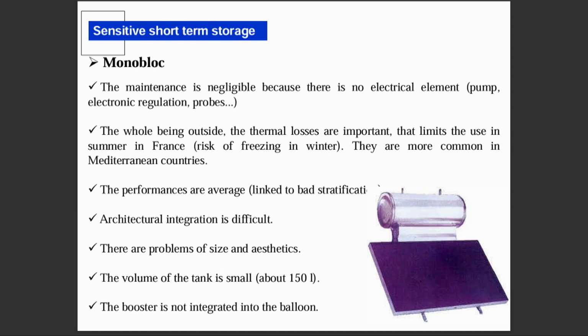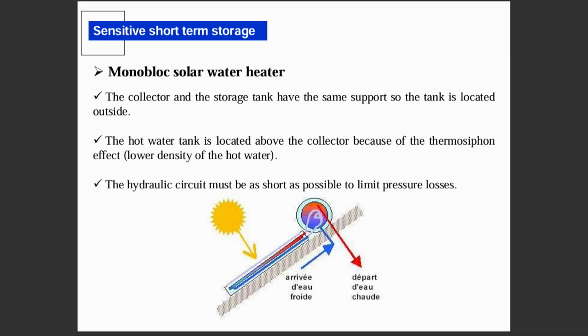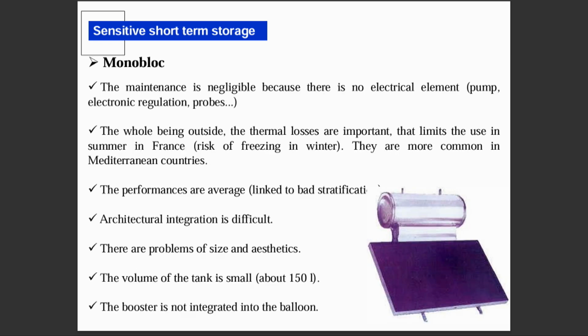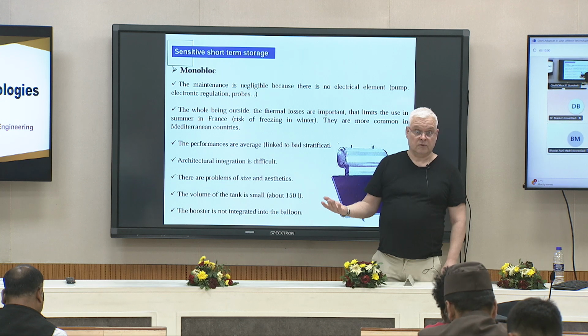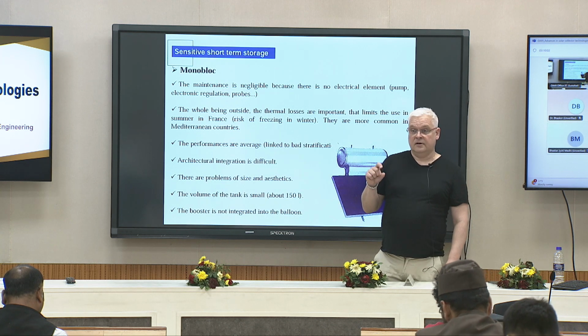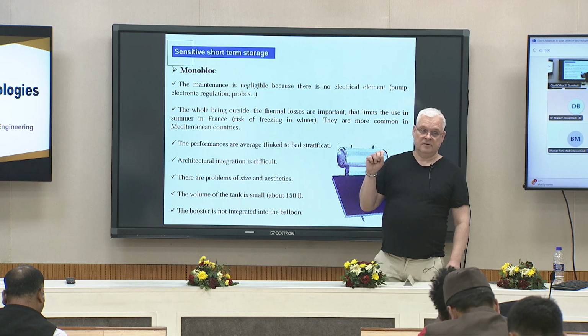We will never see that in a country where the winters are cold, because here the solar tank is outdoor, and in a house it is the most lossy component.